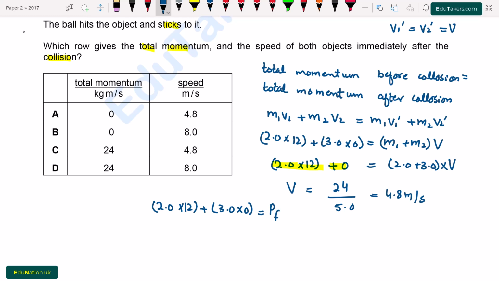So I write here final momentum, and this will be equal to 24, and the unit is kilogram meter per second. So this is the total momentum after the collision. Now we see the options. Option A 0, 4.8, B 0, 8.0, C 24, 4.8. So C option is correct from here.